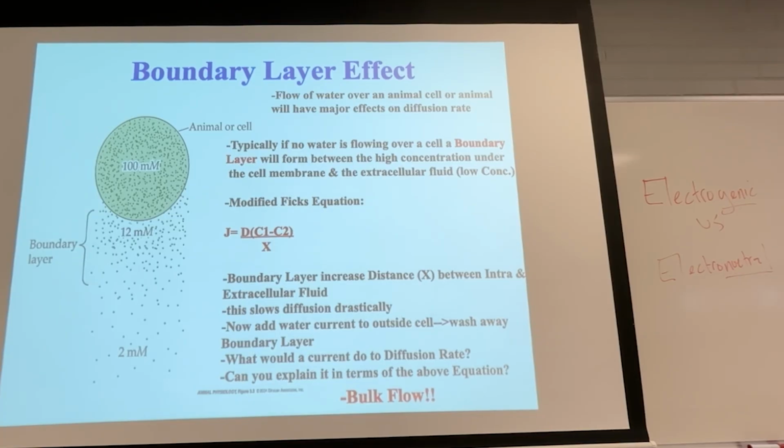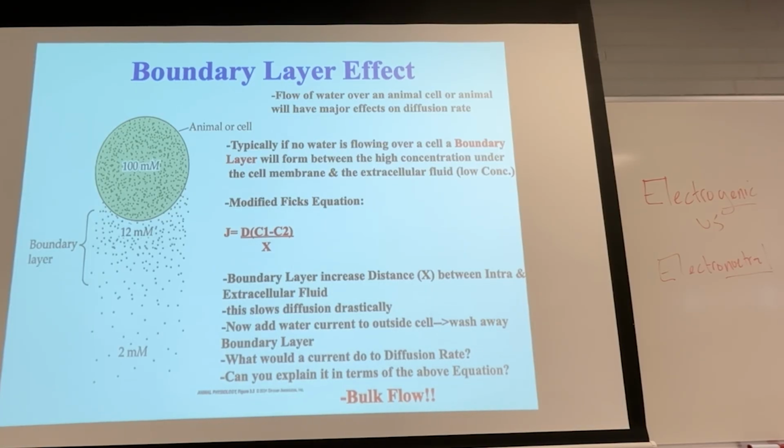So columnar epithelium has a much larger x in this equation than squamous does. The larger the x, the slower the rate, because we're dividing by it. The larger the x gets, the slower the rate of diffusion. The smaller the x is, the faster the rate of diffusion. Just basic math.